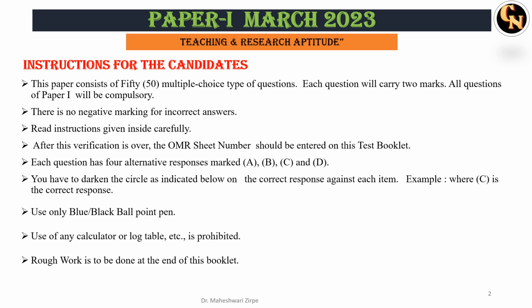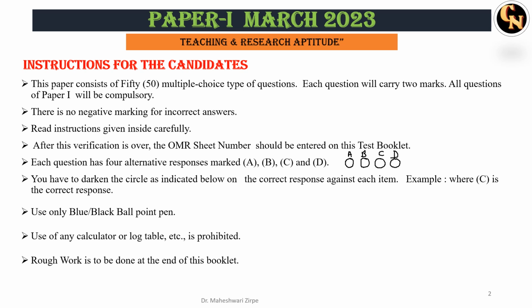For example, the OMR sheet has A, B, C, D, so it will have 4 small circles, each representing the options A, B, C and D. Whichever is the correct option, you have to darken the circle as indicated below, on the correct response against each question.